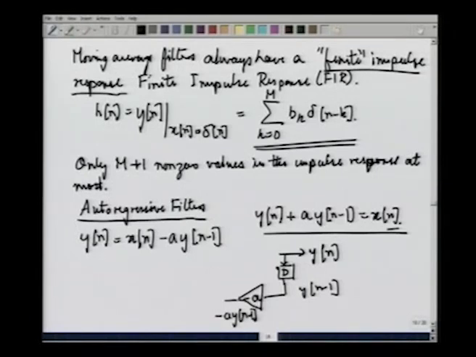If you have minus a yn minus 1 and you have xn, all you have to do is to add these two, and the sum will itself be equal to yn. So, all I do is put up a summing block like this and let xn go into it and minus a yn minus 1 go into it.